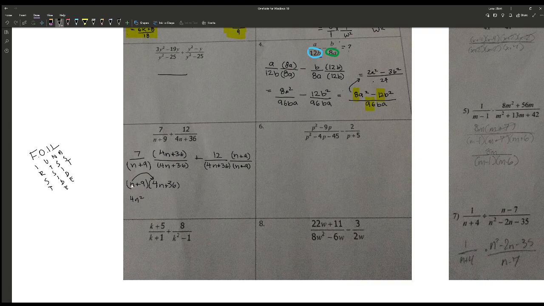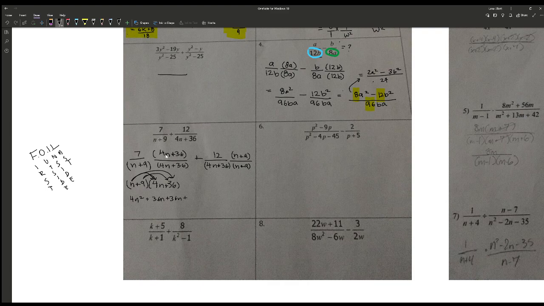Our O is going to be the outside, so we're going to have n times 36, plus 36n. We have inside, which is going to be 9 times 4n, which is going to be plus 36n again, and then 9 times 36. So that will be our last.